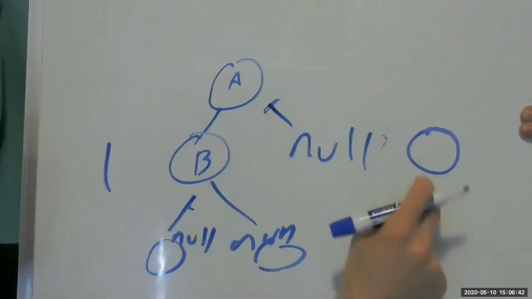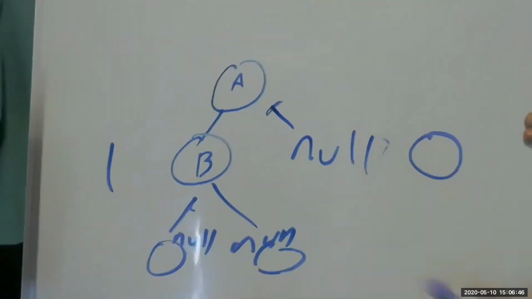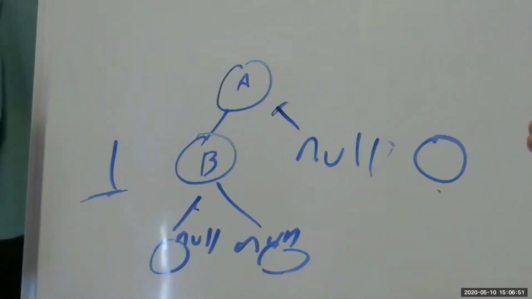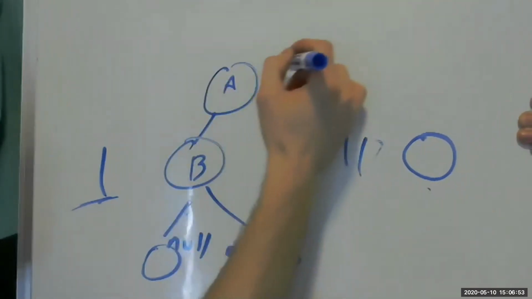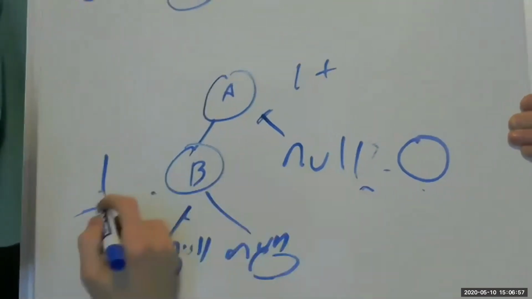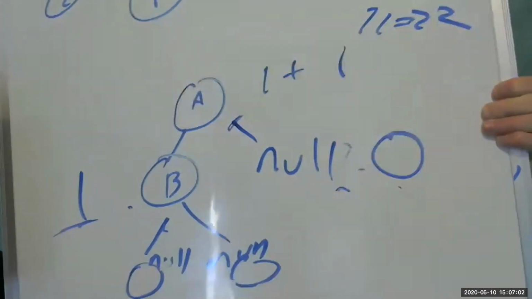So we have the choice of going with B's children or with null's children. We want to choose this one because it's greater than this side. So we can say 1 plus the max of its 2 children, which is going to be 1. And therefore, this should evaluate to 2.